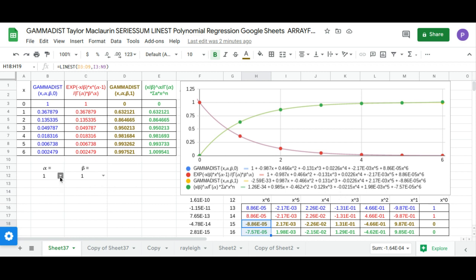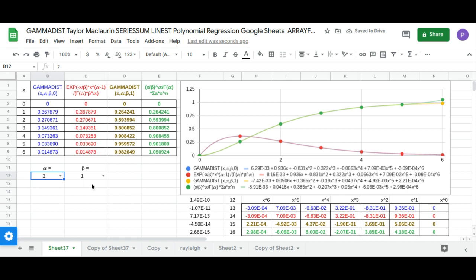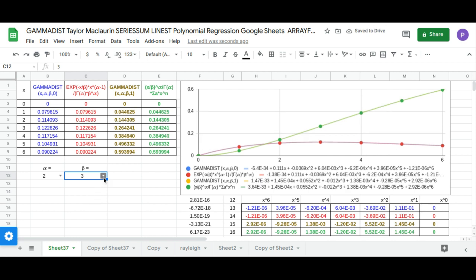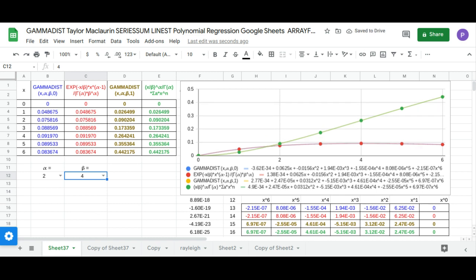Suppose we increase this to 2, at alpha equals 2. Our beta can go as 2, can go to 3, and can go as far as 4. Suppose this is alpha equals 3.